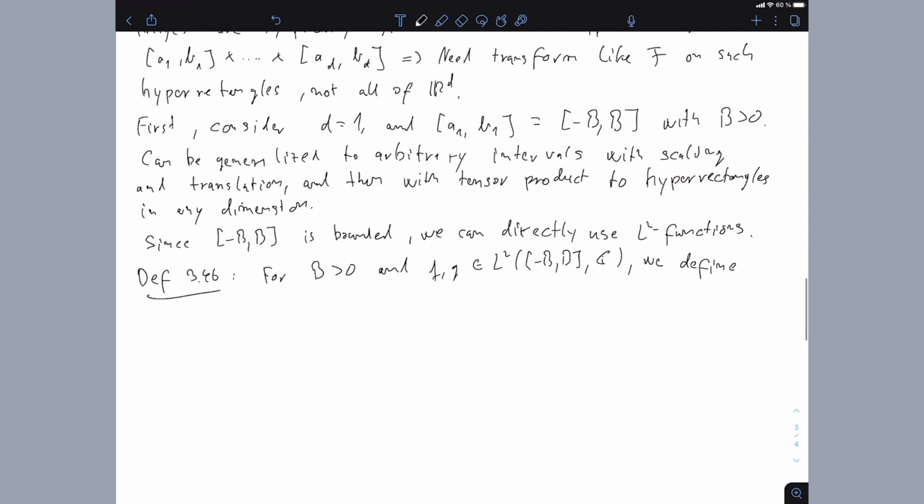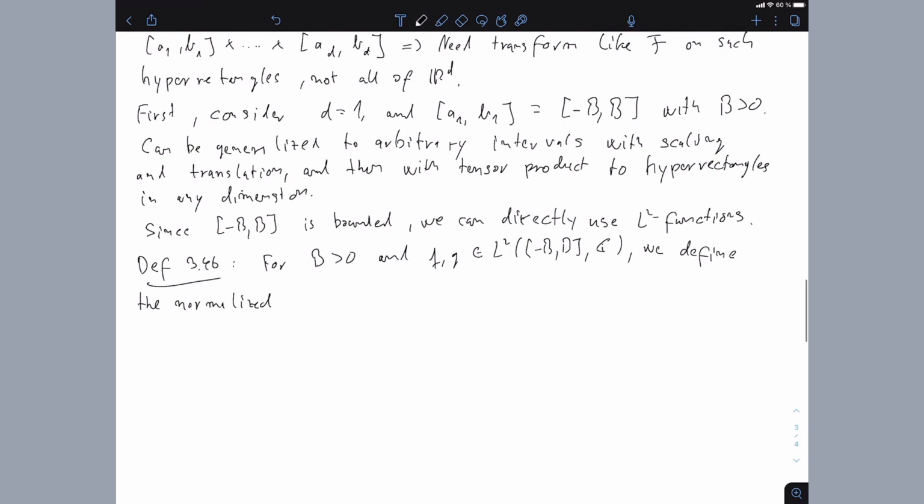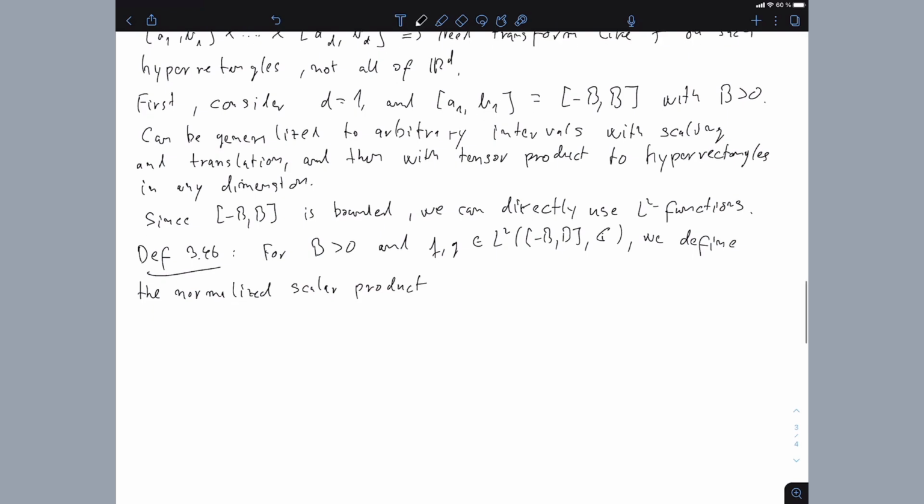So, we define the normalized scalar product as follows: the scalar product of f and g, and here I indicate the interval where the functions are defined.